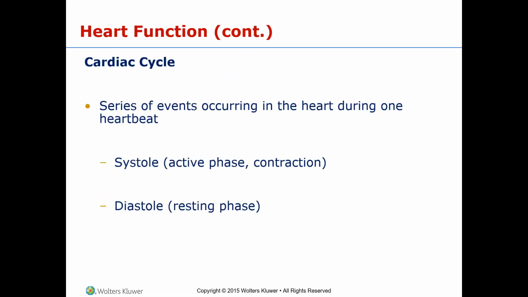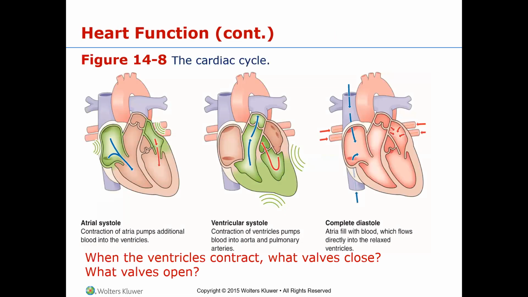So the cardiac cycle is a series of events that occur in the heart during one heartbeat. When the heart contracts, it's known as systole. When the heart is at rest, it is known as diastole.